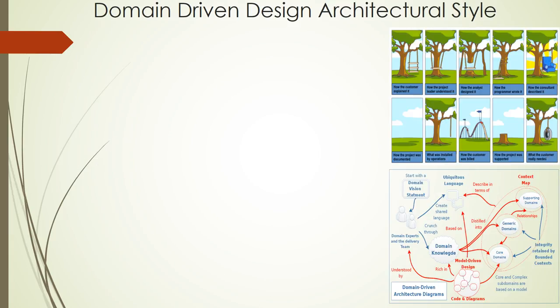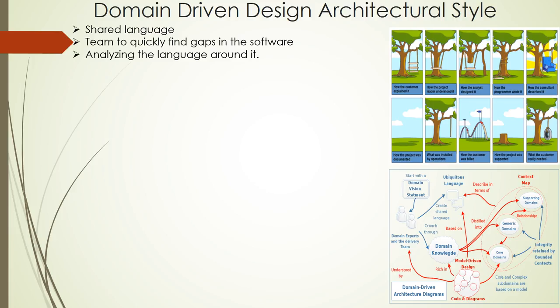At the core of the software is the domain model, which is a direct projection of the shared language. It allows the team to quickly find gaps in the software by analyzing the language around it.